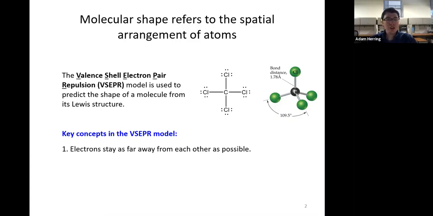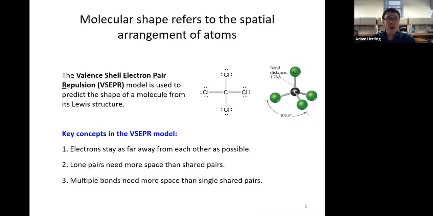And so the shapes that molecules take is going to be whatever shape gets the electrons as far away from each other as possible to minimize the electron-electron repulsion. In addition, we also need to recognize that lone pairs take up more space than shared pairs. We'll take a look at that in more detail in a little bit. And then finally, if you have multiple bonds, a double bond or a triple bond, then this also takes up more space than just a single bond.